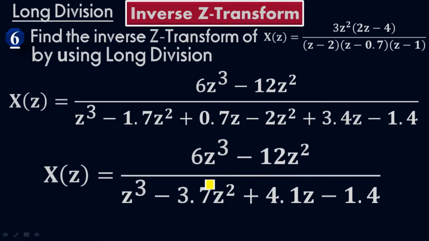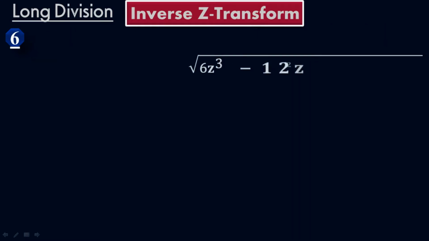But here the case is different. The maximum power is 3 in the numerator and also 3 in the denominator, so we need the long division method here to get the signal in the time domain from the frequency domain. Let's go for the long division method.